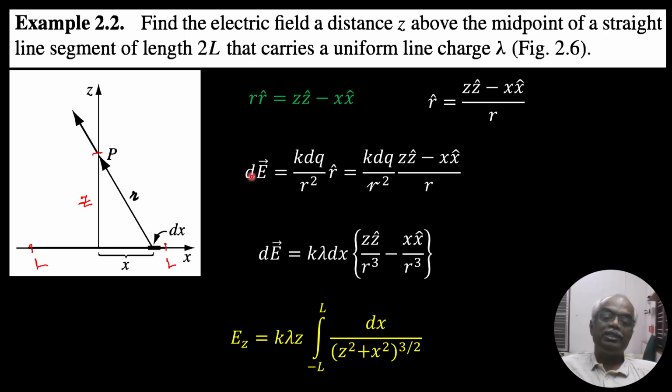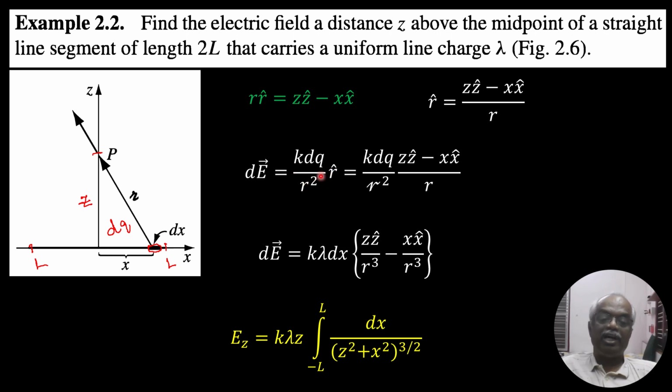So the small electric field due to the small charge: let us say we are taking a small length element in which the small charge is dq and the thickness is dx. So the small change in the electric field is k dq over r squared r-hat, where dq is the small charge under consideration.